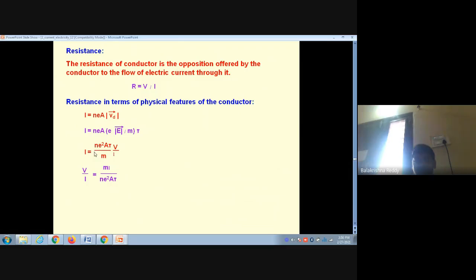Since this is the current, they brought the current to this side and the rest of the terms to the other side. Then V by I equal to M by N e square tau into L by A. Therefore, resistance R equal to M by N e square tau into L by A.